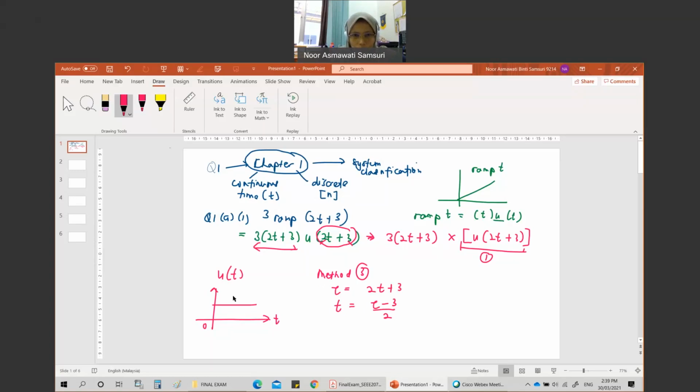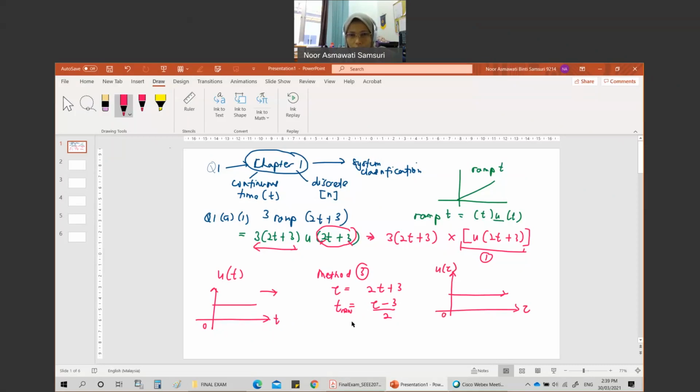Once you have this equation, now you need to determine the new t. This is t new. From the tau values, what are the tau values? Tau values are from the graph. This is the original signal. Remember the first step in method 3: you need to change the axis to tau. So now this signal becomes u(tau), and this is tau.